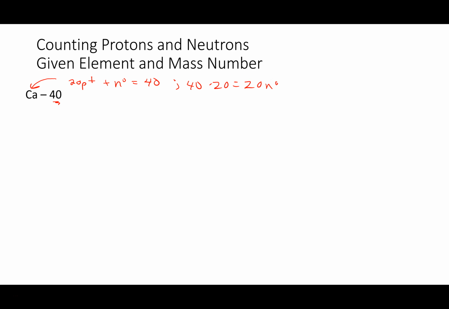Let's do a similar thing. Kaylee, this version of calcium also has 20 protons, plus the number of neutrons is now equal to 44. So how many neutrons does this one have? 24. It has 24. You all okay with that?